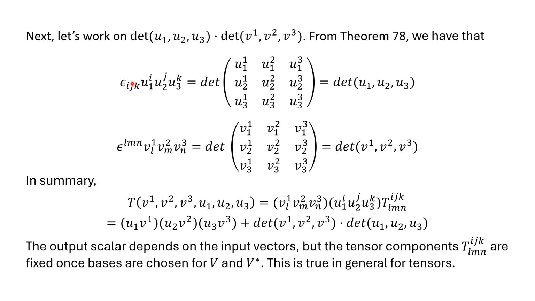I applied this to the U's, and this is from our theorem 78 from, I believe, the last lecture I did. It equals this. We've proven this before, and you could write this in a shorthand notation this way here, and then you apply the other Levi-Civita symbol to the V's, and you get this, and this is a shorthand way of writing this here.